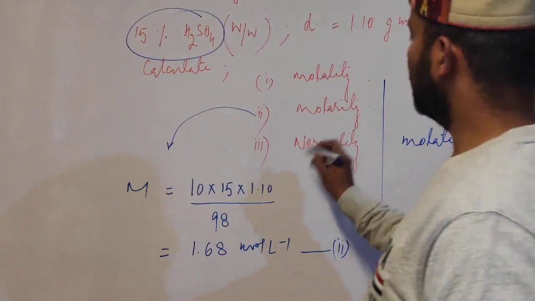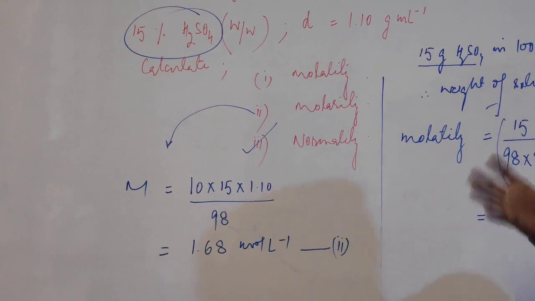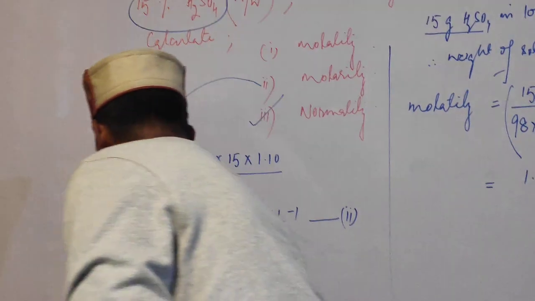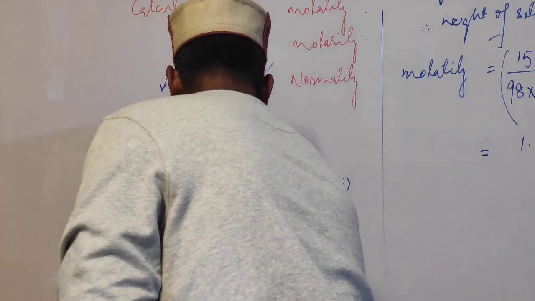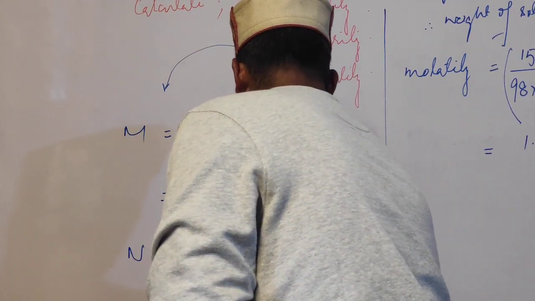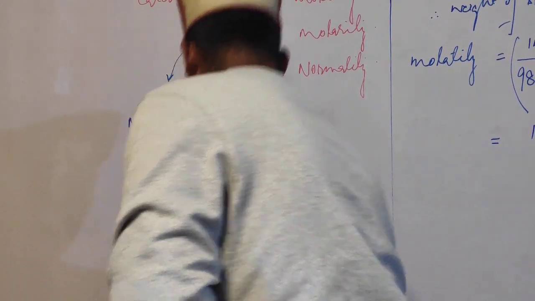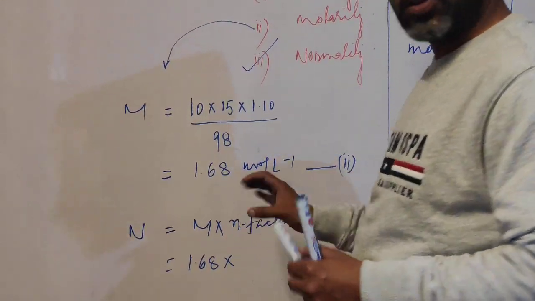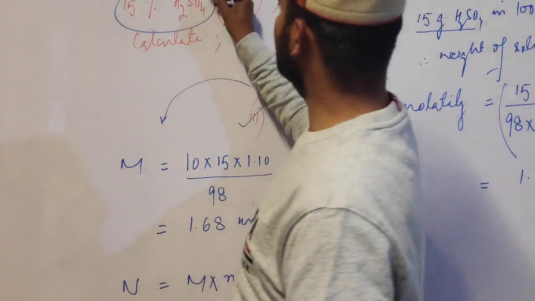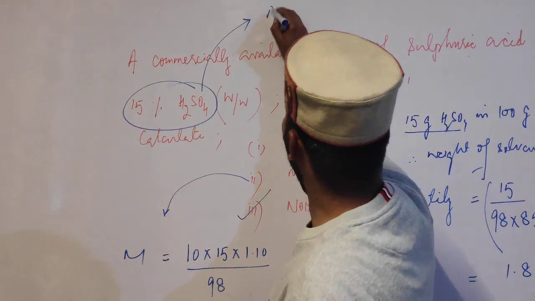Now students, the third is to find normality. What is normality? We know that normality is molarity into valency factor. So molarity is 1.68. Now what is the valency factor of solute? Solute is sulfuric acid, and sulfuric acid का valency factor होगा उसका basicity.